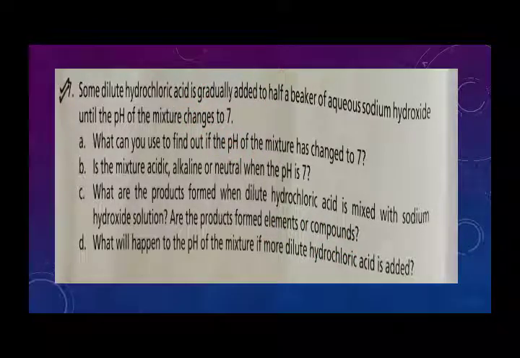So what will happen? Will the solution become acidic because we are adding more and more acid, or do you think the solution will remain neutral? Think on it and give the explanation.